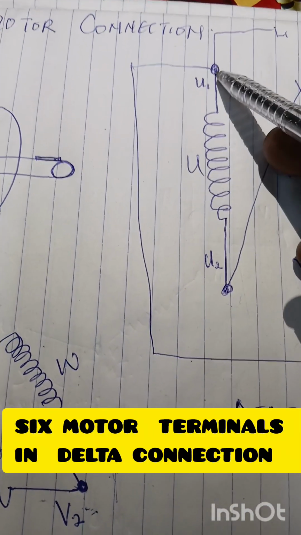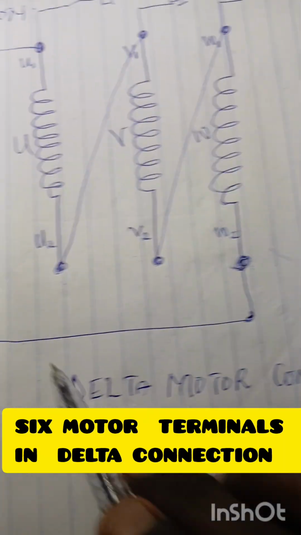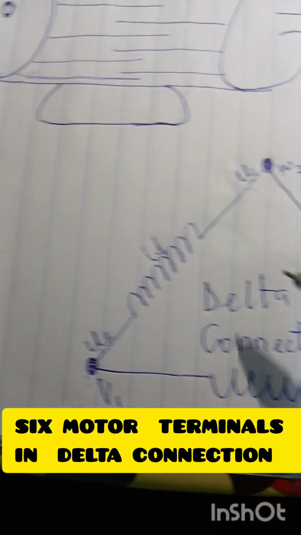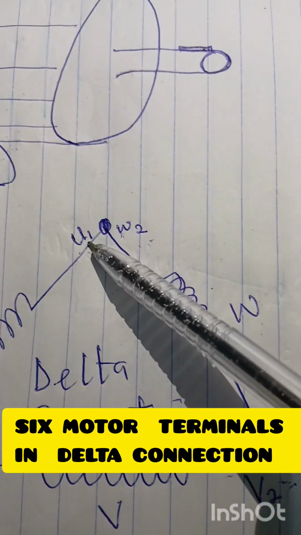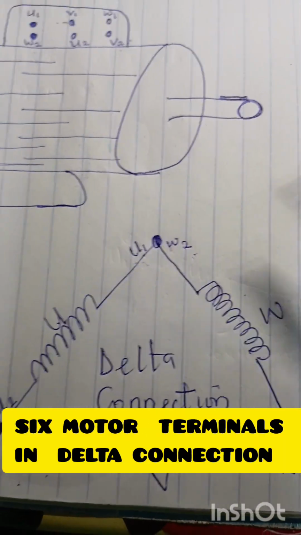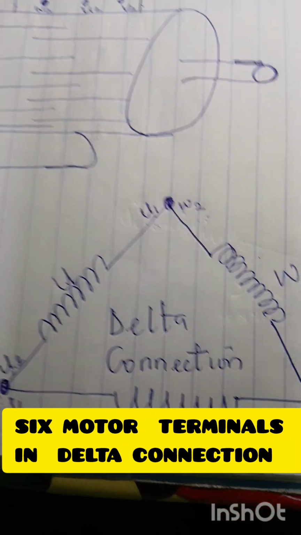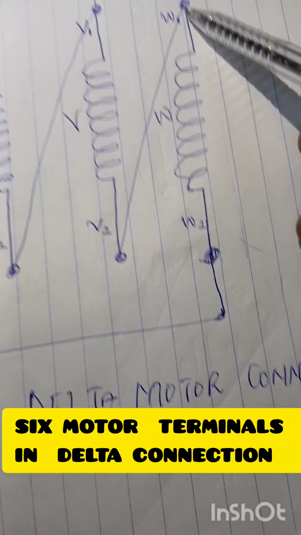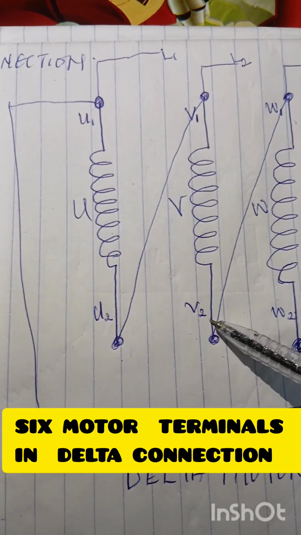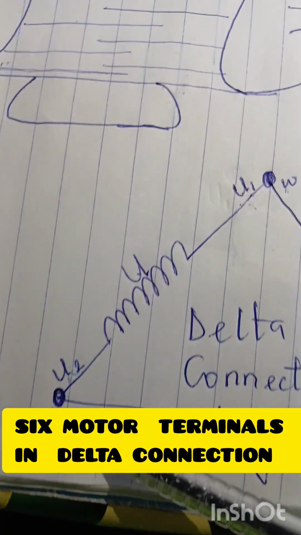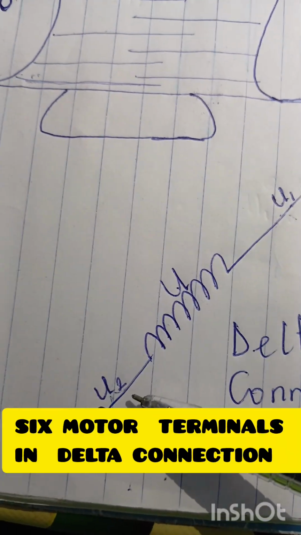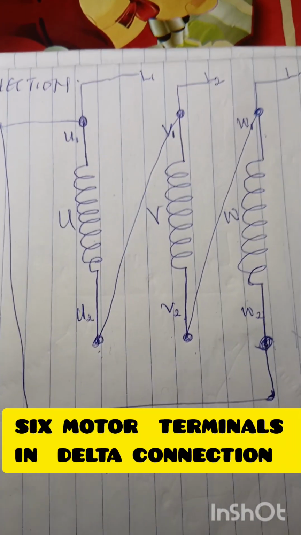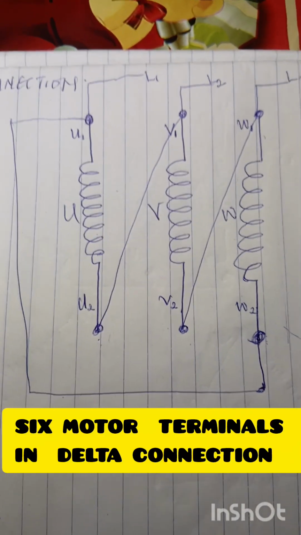So if you look at this one now, we have U1 with jumper linking it to W2, which is exactly what we have here. U1 linked to W2. And when you also look at this, W1 and V2 linked together. And when you look at the third one, V1 linked to U2. So we have achieved delta configuration.